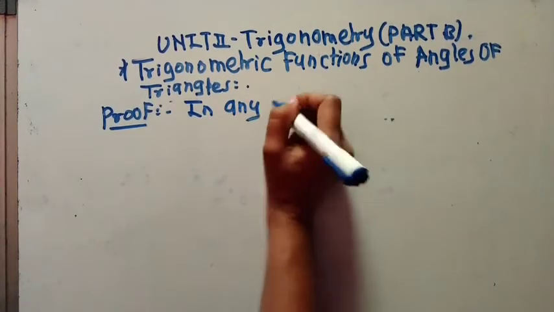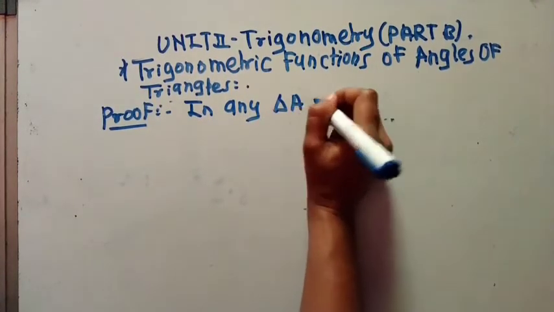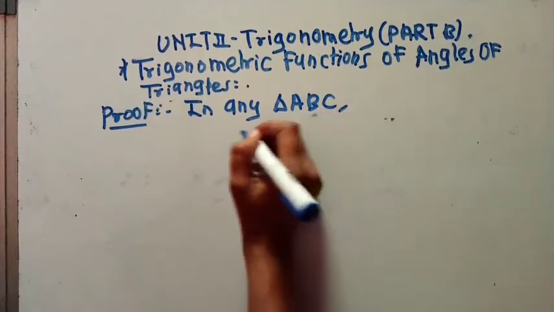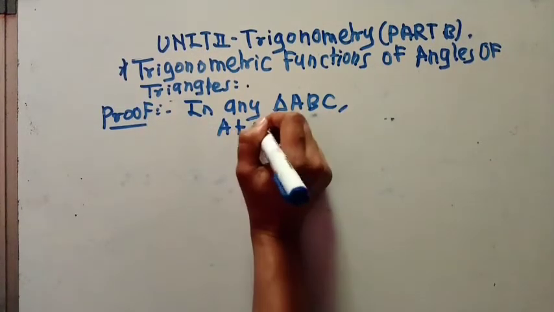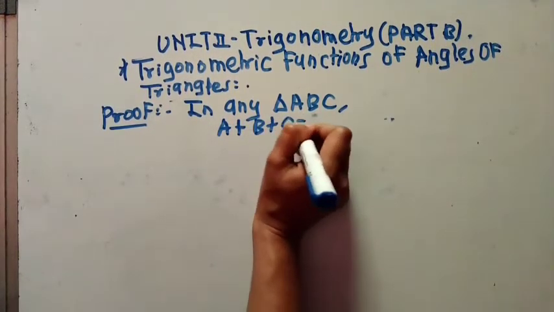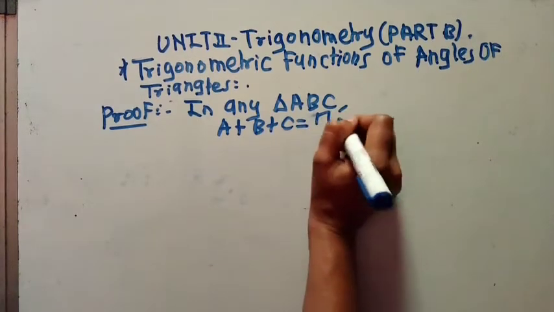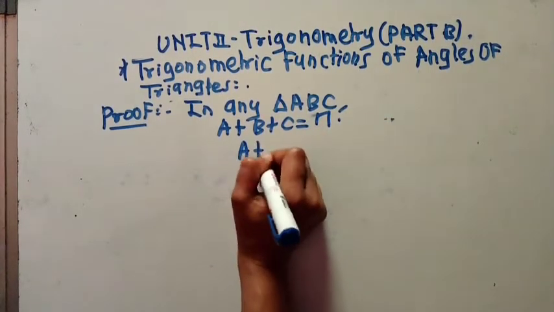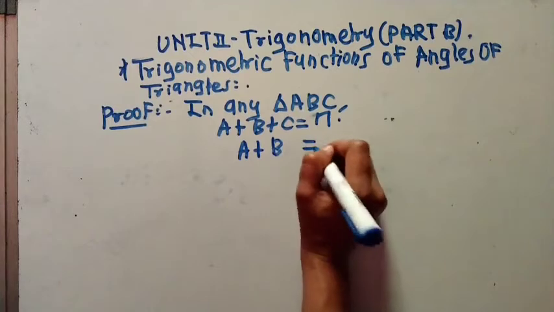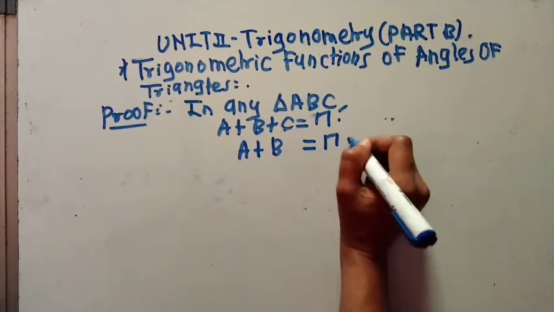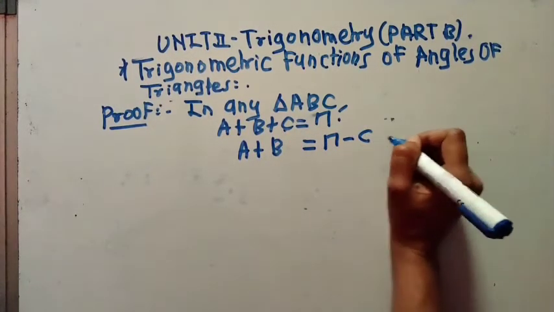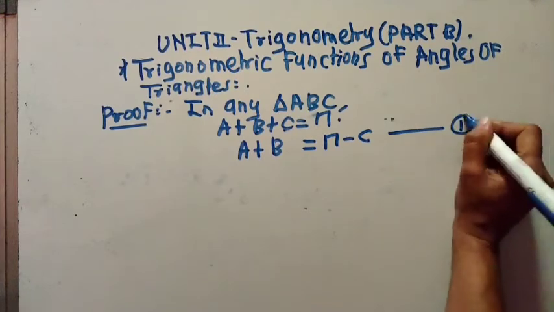In any triangle ABC, A plus B plus C is equal to pi. Means A plus B is equal to pi minus C. This is the first equation.